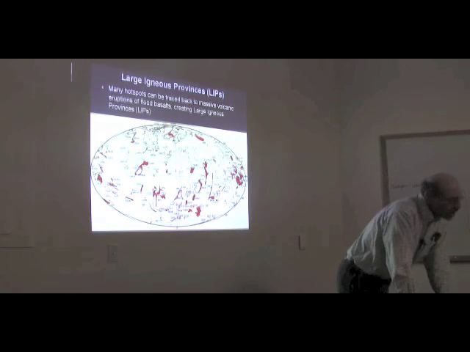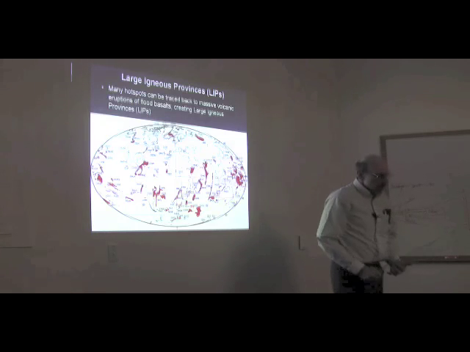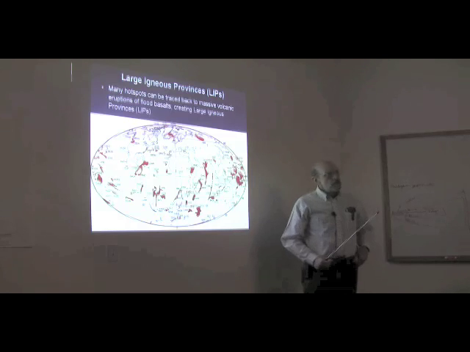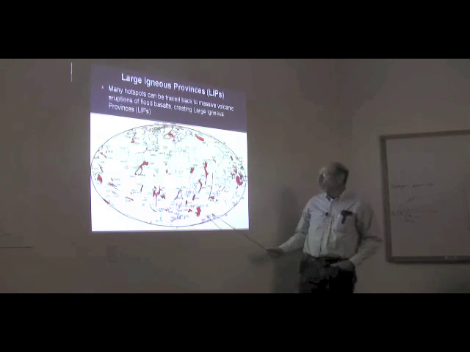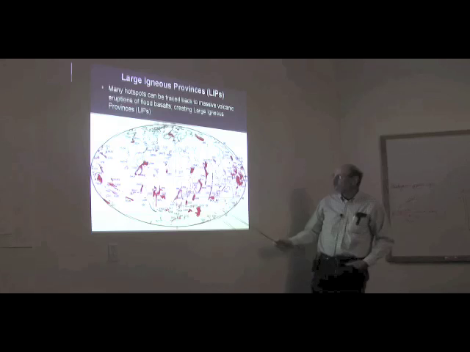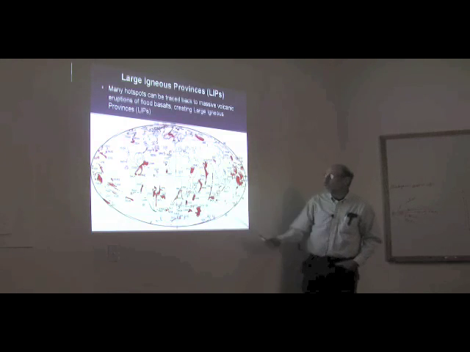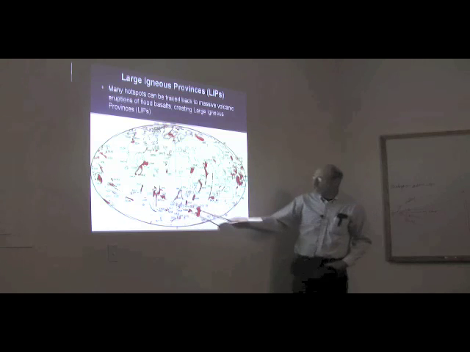Now, another source of magmatic material is these hot spots, or what are called large igneous provinces. And those are scattered throughout the Earth, largely in the oceans, but not entirely.